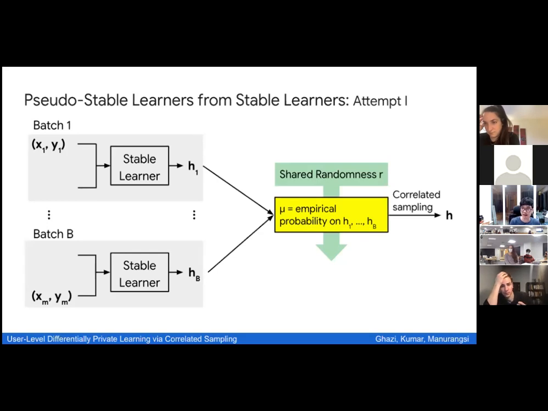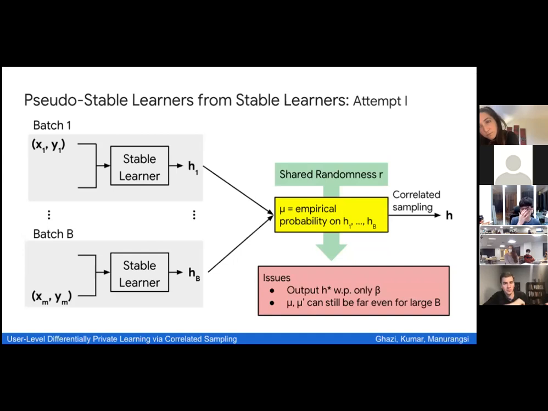It turns out that this doesn't work yet. Why is that? First of all, recall that the stable learner has a pretty low stability beta here.